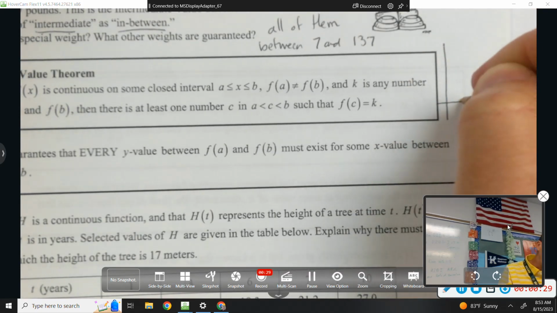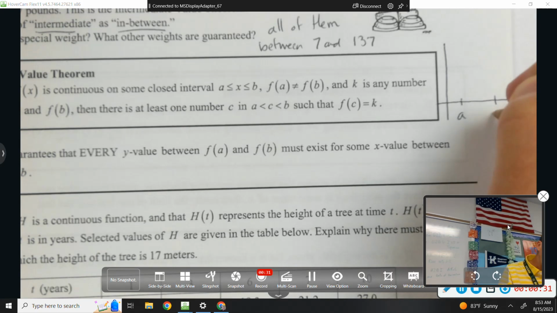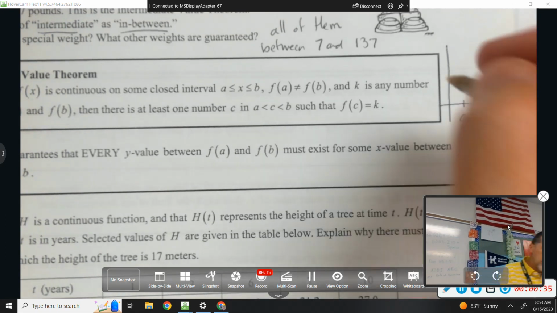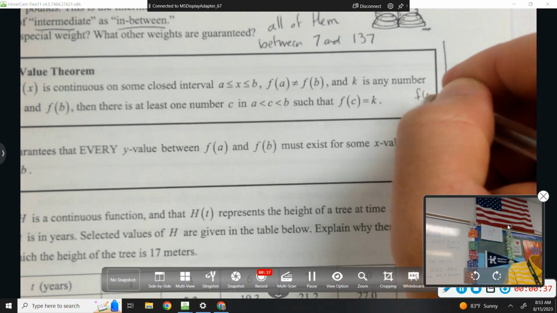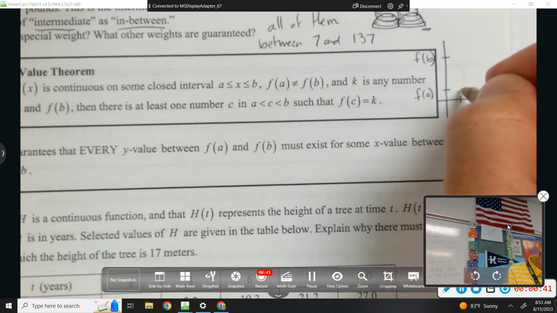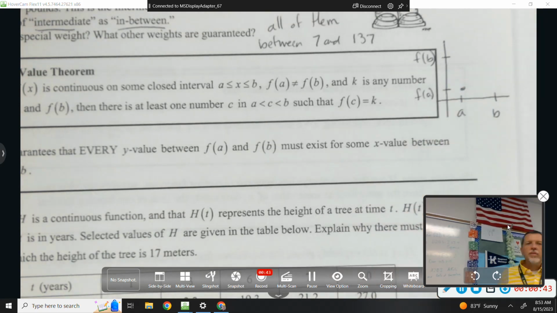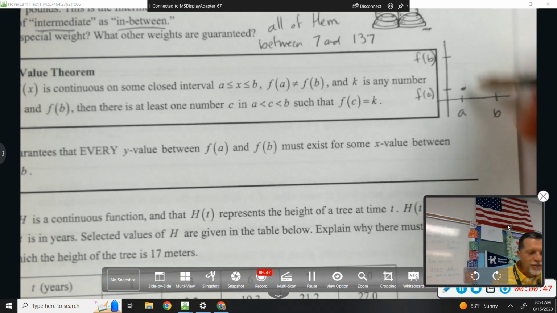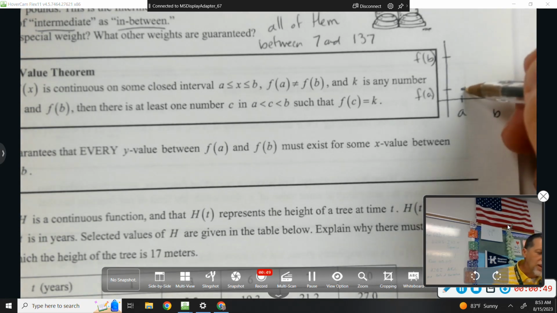I'll draw a picture. It can be a small picture, but a picture. And again, if you get stuck, you just think back to little Susie here. Started at 7 pounds. We could draw something funny to represent her weight, but it's continuous.